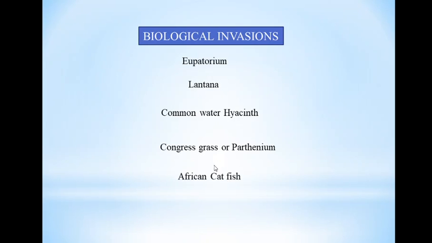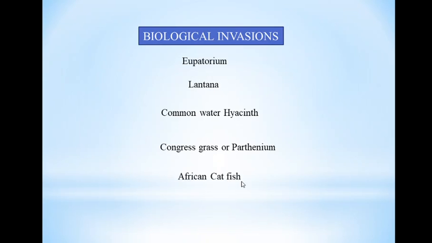African catfish is also one of the fish that has been introduced from Africa, where we see this catfish in India in most ponds and freshwater bodies. That African catfish eats our native fish species, and that has become the greatest threat and problem to our native species.